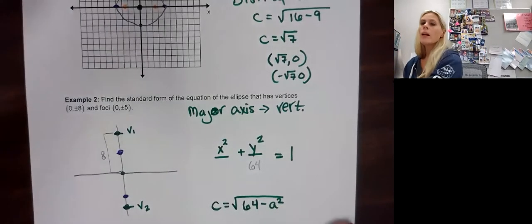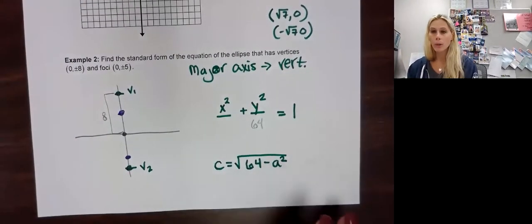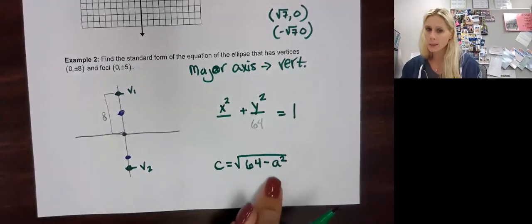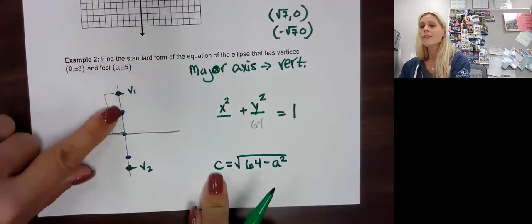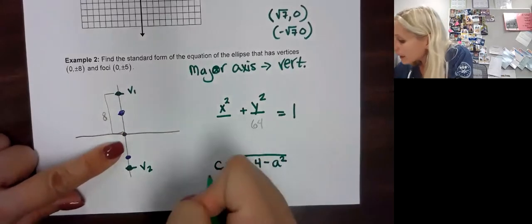Okay? We have 2 variables to solve. We need 1. Well, we're trying to find a squared, so we must have c somewhere. C is the distance of the foci from the center. Well, the foci is 5. The center is 0, so C must be 5.